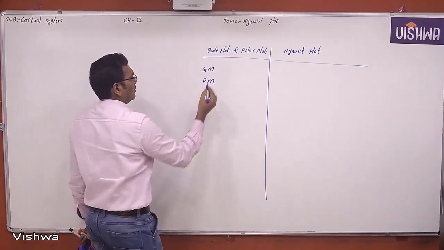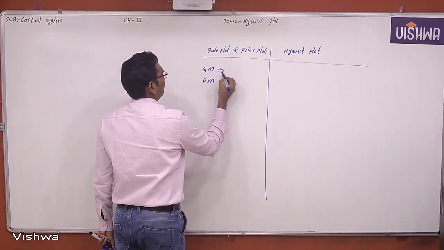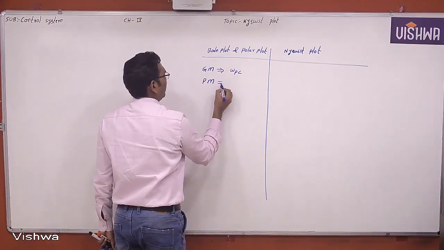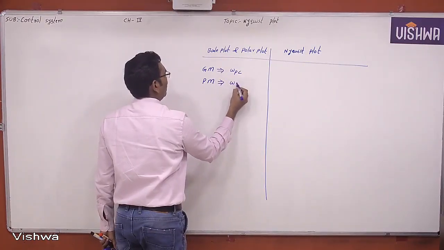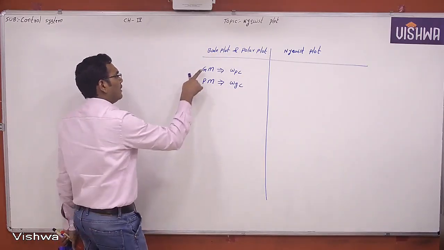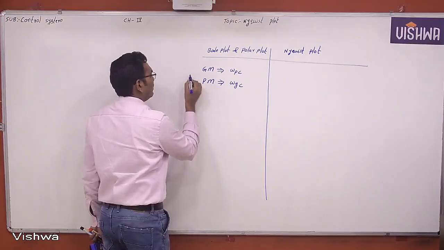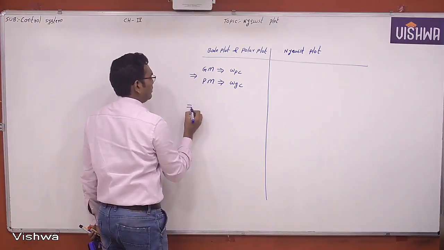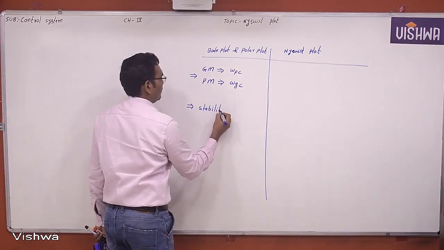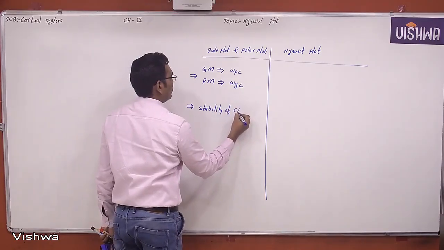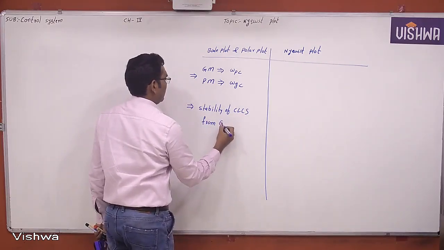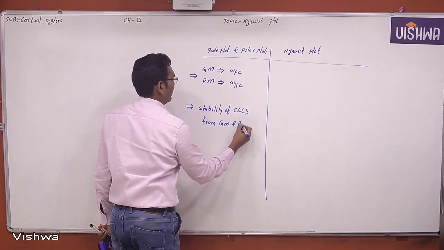To find gain margin, we require the phase crossover frequency. To find phase margin, we require the gain crossover frequency. Then we decide the stability of the closed loop control system from gain margin and phase margin.